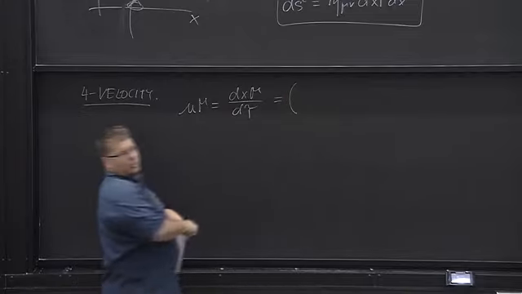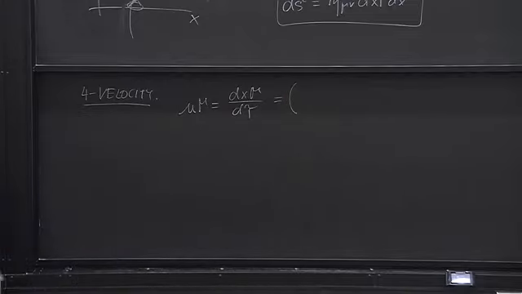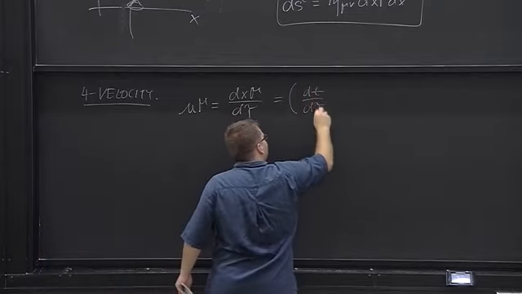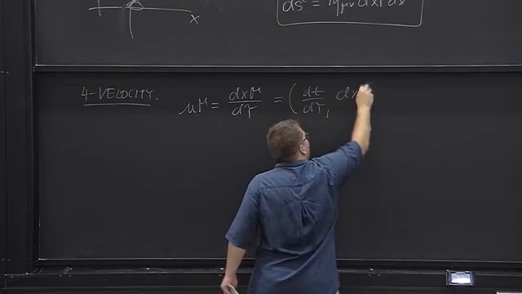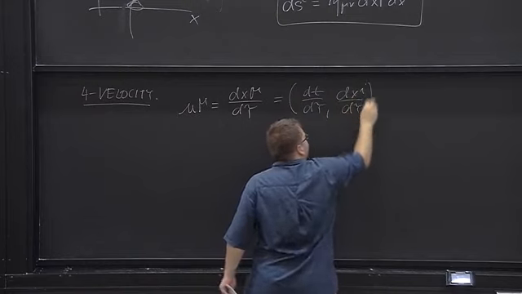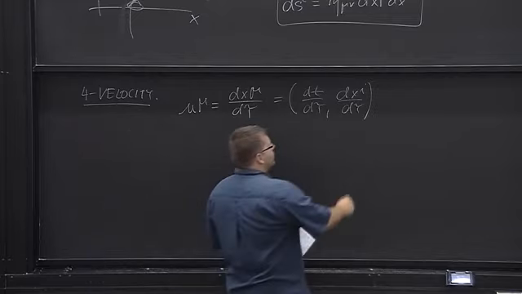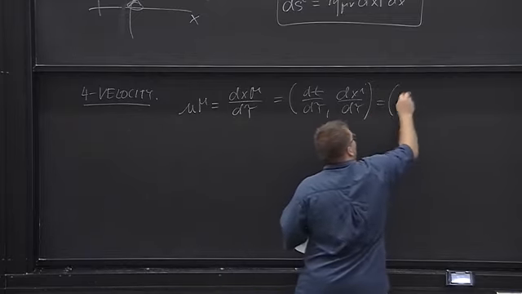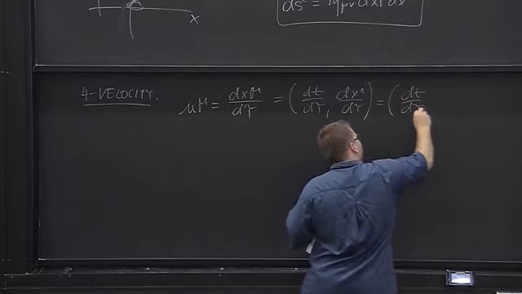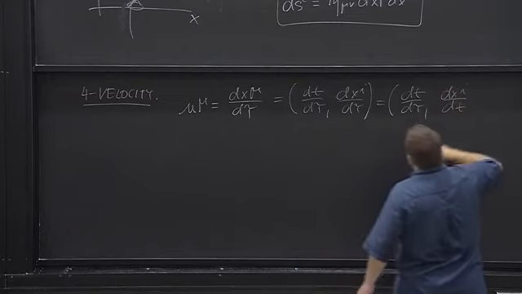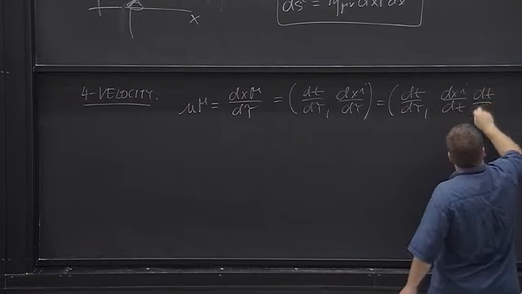So my coordinates x mu are t and x. So this is dt over d tau and dxi over d tau. Okay. But dxi over d tau is dxi over dt and dt over d tau.